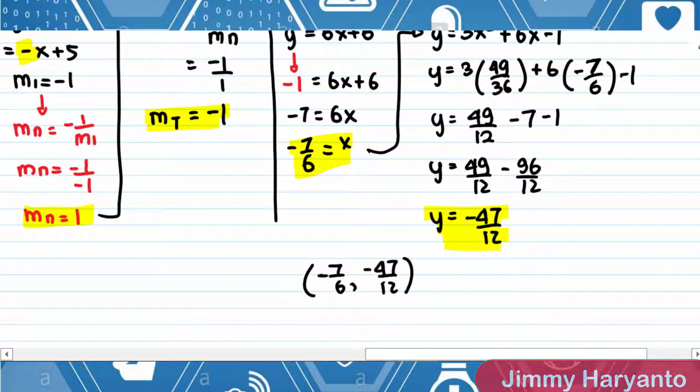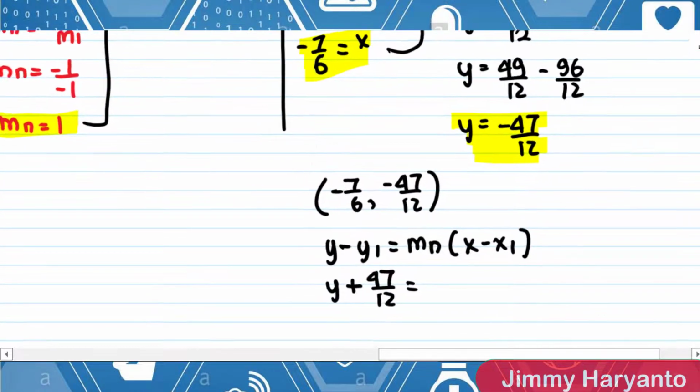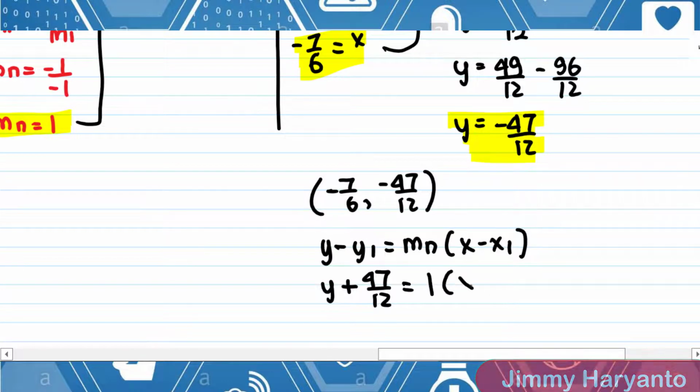Next, since we already have the coordinates, which is negative 7 over 6, negative 47 over 12, that means we can find the equation of the normal. Y minus y1 equals the gradient of the normal times x minus x1. So y minus negative becomes plus 47 over 12. Gradient of the normal is 1. 1 times x minus negative becomes plus again.